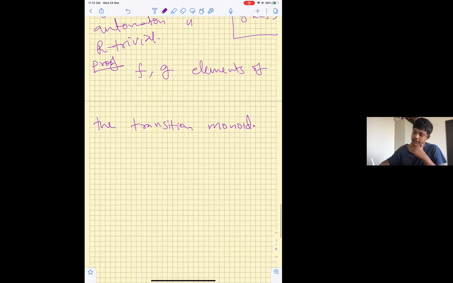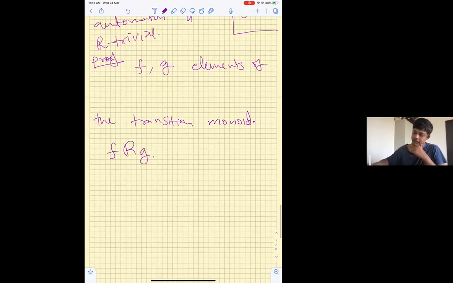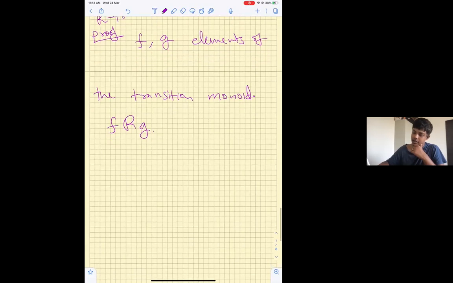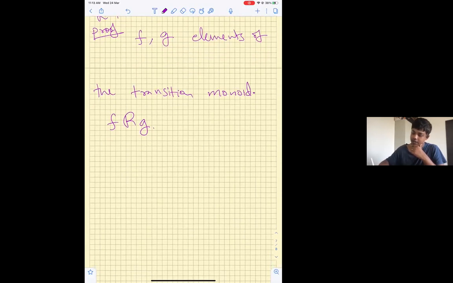Let's imagine F is R equivalent to G. So what does that mean? You can imagine F to be the transformation on some word. Let's call them WF and WG. I have two words.